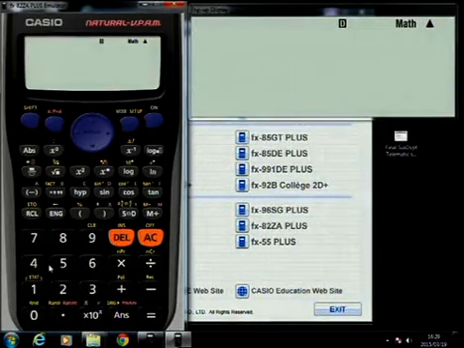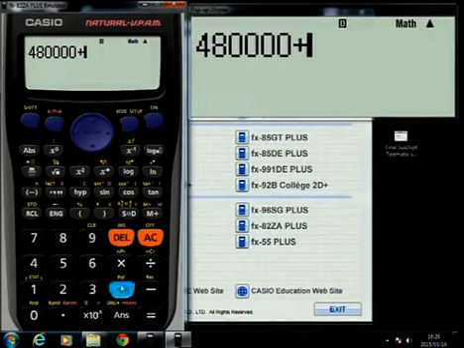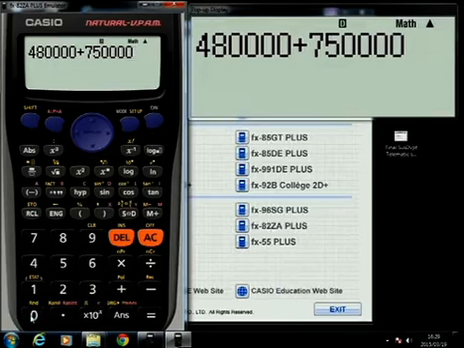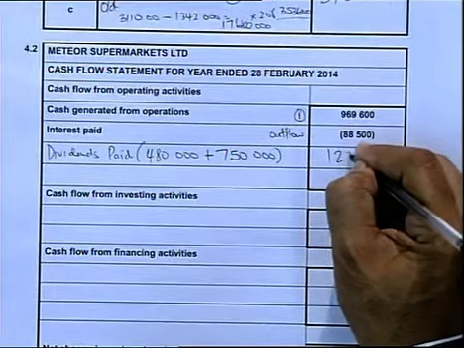So it's going to be the 480,000 plus 750,000 and that gives us 1,230,000.